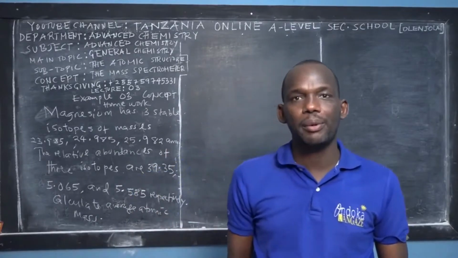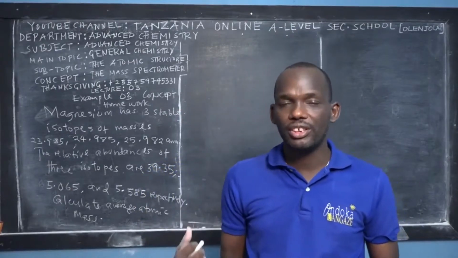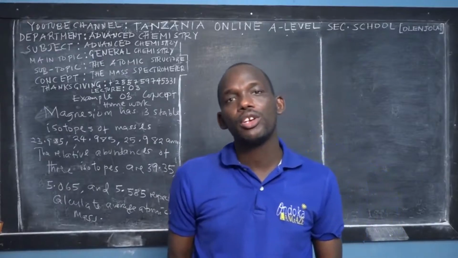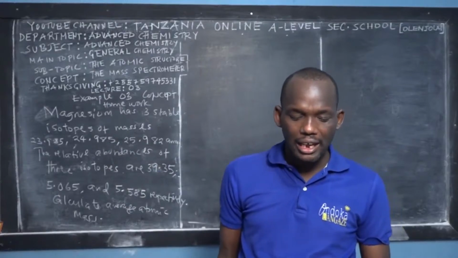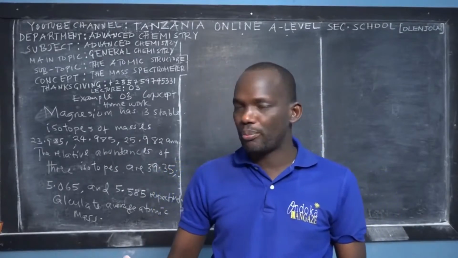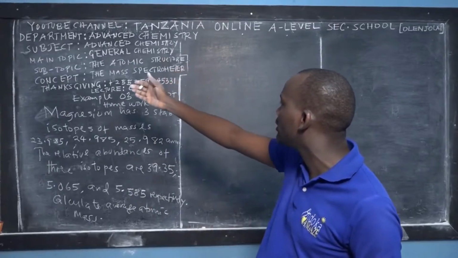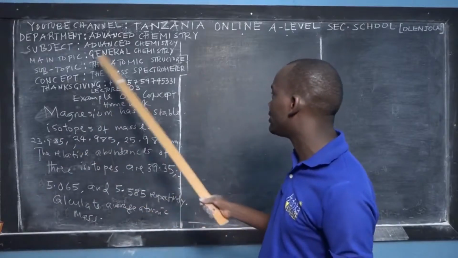As I said in the previous lectures, the main focus of these lectures, whether lecture 1 or lecture 2, is according to the syllabus of the United Republic of Tanzania. The subject we are learning is advanced chemistry.